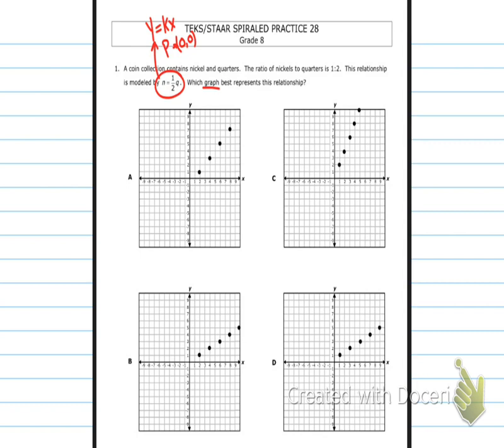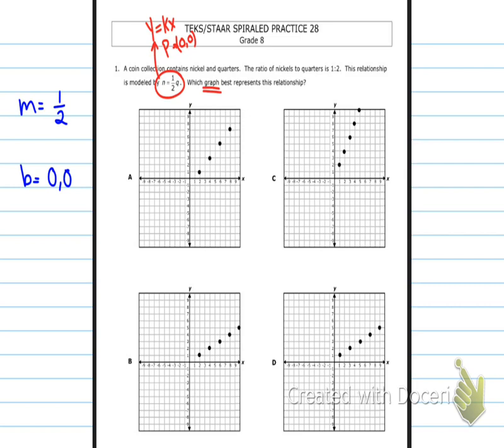Now, I know it's a little weird, but I want to use m and b. Even though it's not an mx plus b equation, my m, my slope, is 1/2, and my b, well, I don't have a b because it's a kx, but technically it's 0, 0. It crosses the origin.